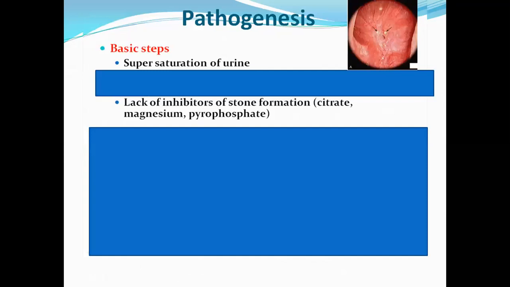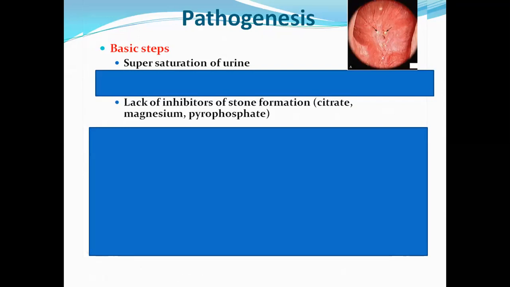Now let us discuss the pathogenesis. I'll be discussing it very briefly. The basic mechanism of stone formation is that the urine must be supersaturated.